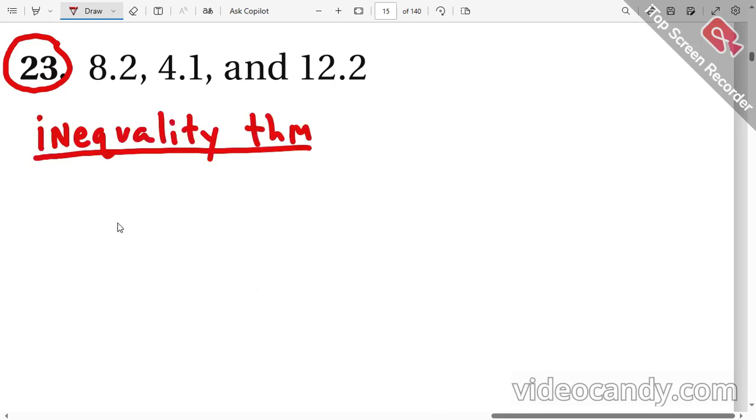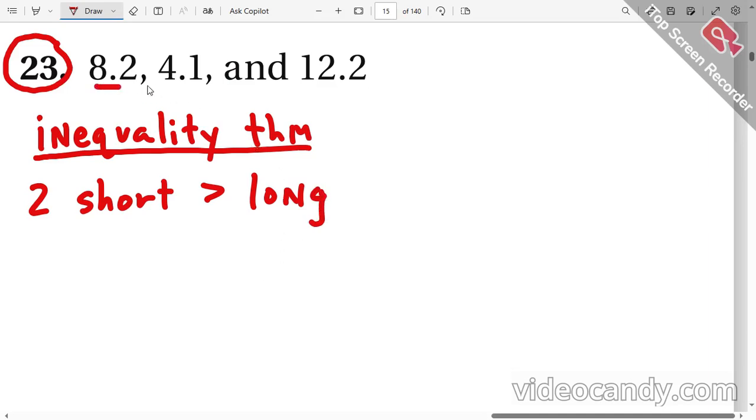All right, so we're going to start with the inequality theorem to prove it's a triangle. You want to do the two shortest and make sure it's greater than the longest side. So the two shortest are going to be 8.2 and 4.1.